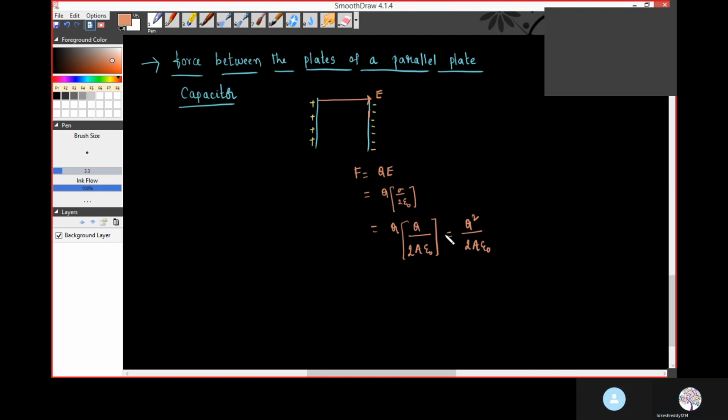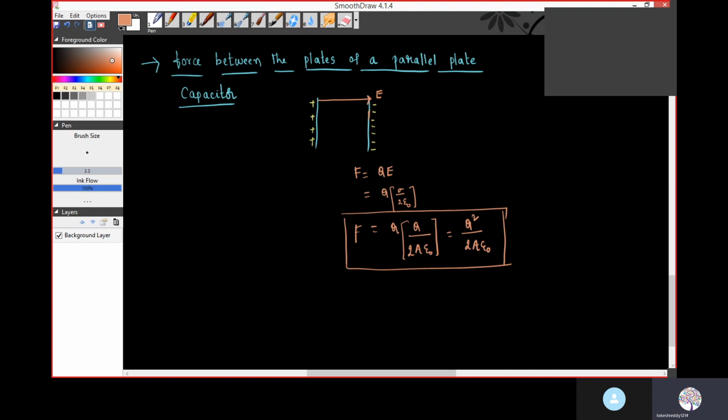So this is the formula for force. The force on a parallel plate capacitor is equal to Q square by 2A epsilon naught, as F is equal to QE. This is the force.